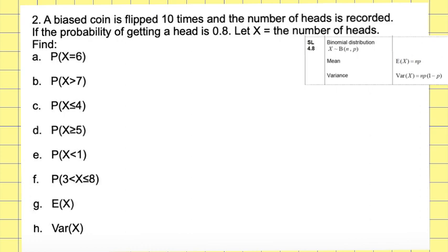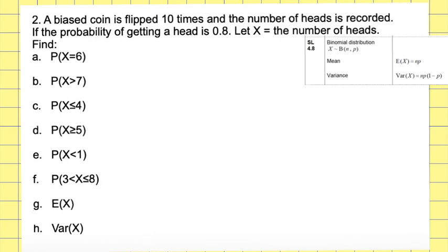Find A, the probability of x equaling 6, B, the probability that x is greater than 7, C, the probability that x is less than or equal to 4, D, the probability that x is greater than or equal to 5, E, the probability that x is less than 1, F, the probability that x is between 3 and 8, G, the expected value of x, and H, the variance of x.